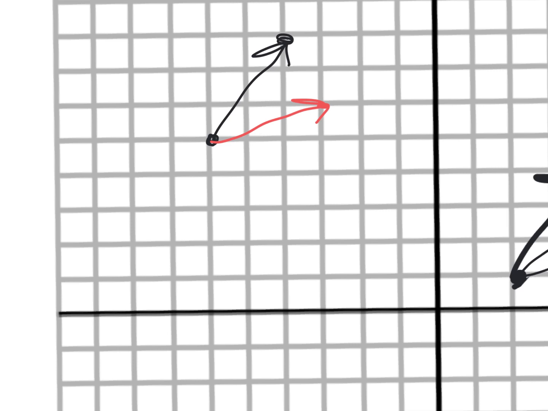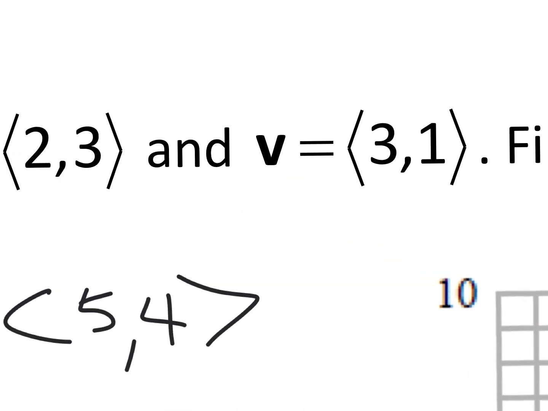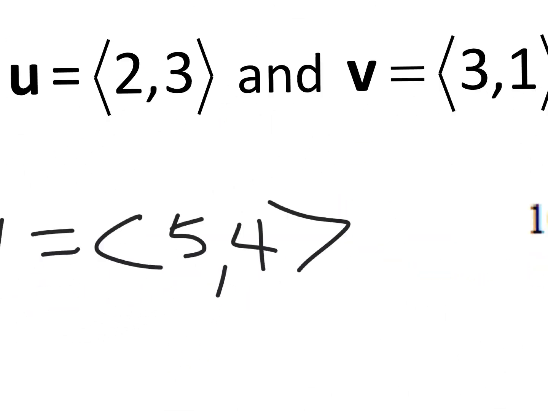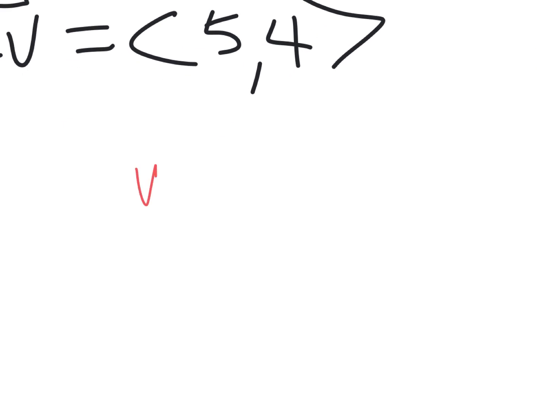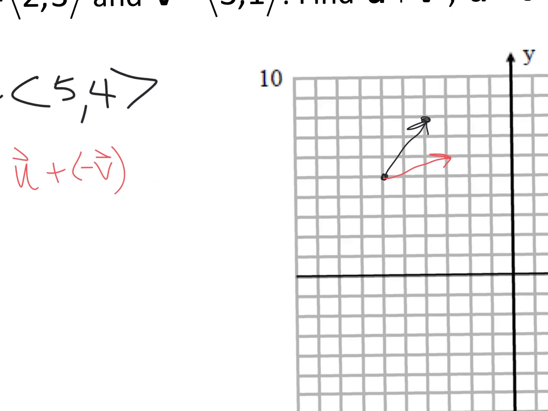We want to find u minus v. We're going to treat u minus v as an addition of u plus the opposite of v, and then we're still doing vector addition. We just have to figure out what the opposite of v looks like.